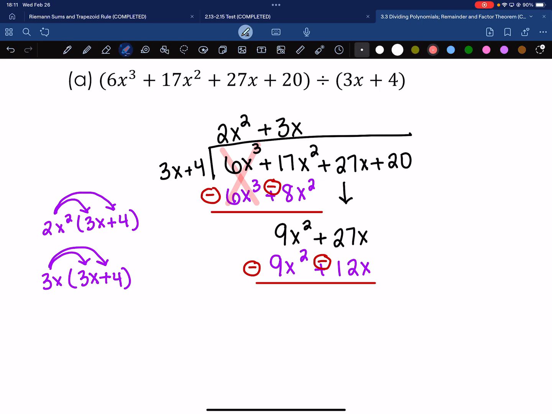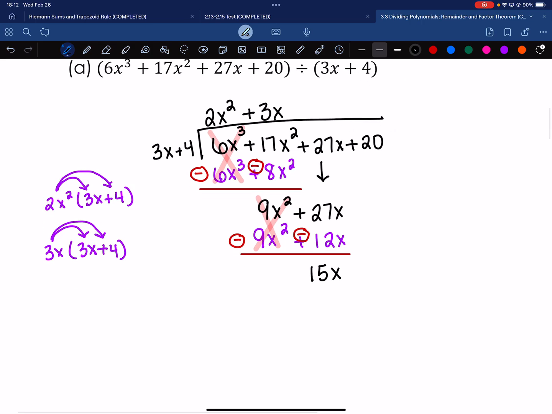So from here, 9x squared minus 9x squared cancels out. 27x minus 12x is 15x. And then you drop down your next term. This actually makes sense. And then you repeat the process.